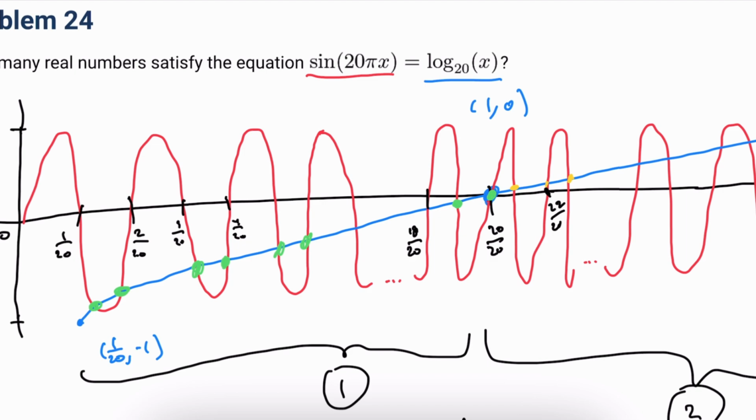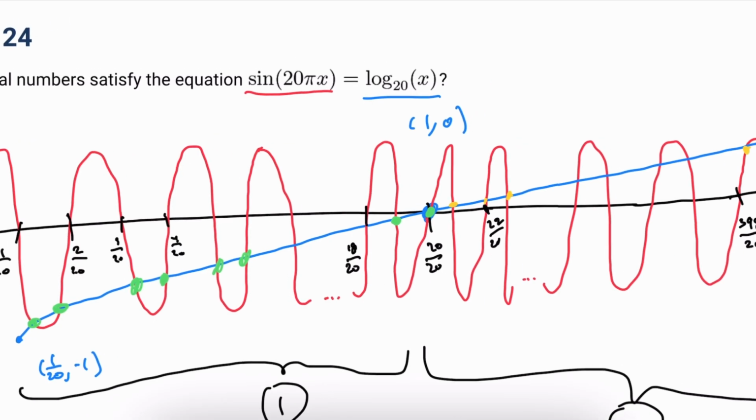But in the second region, the first period also has the intersection point. We also counted the intersection point at 1 again when x is equal to 1. So we actually double counted the intersection point at x is equal to 1.